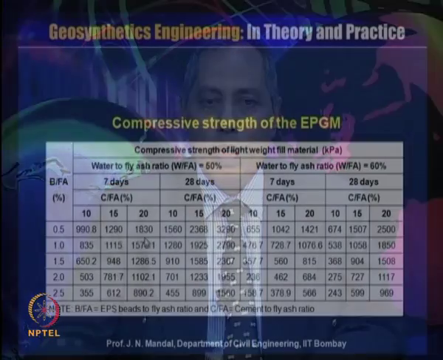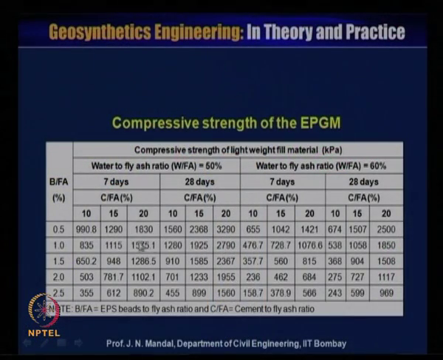Similarly, if we can see that for the 7 days, when it is a water to fly ash ratio 50%, then the compressive strength value for 20% it gives 1830, whereas for water to fly ash ratio 60%, for these 7 days, this 20% gives value 1421 kilopascal.